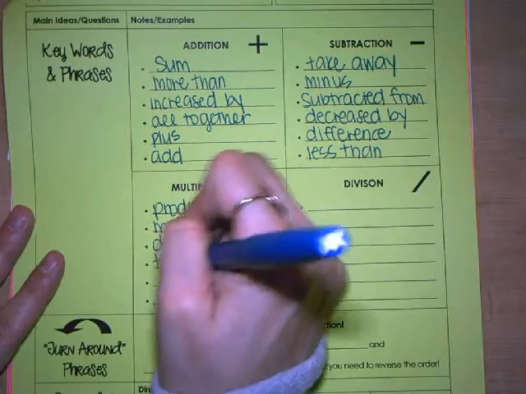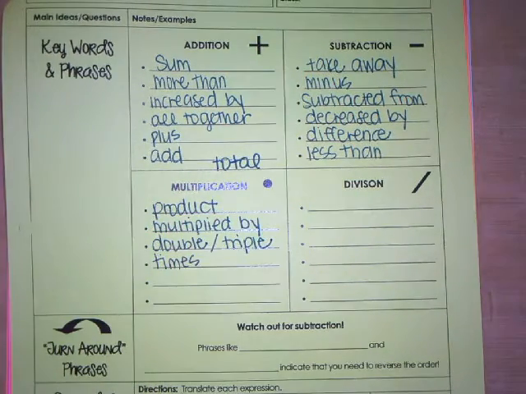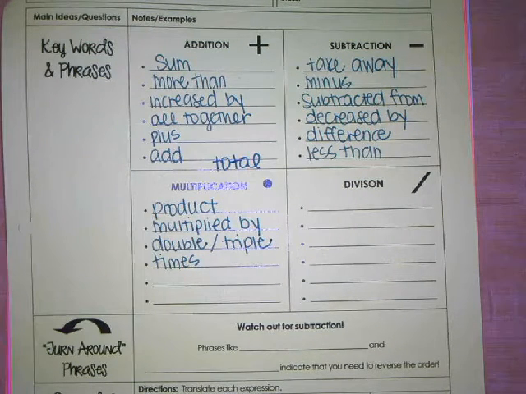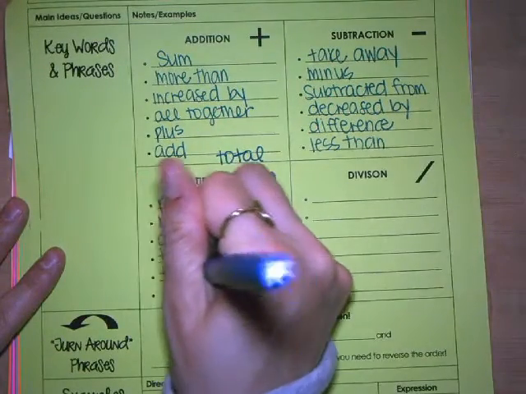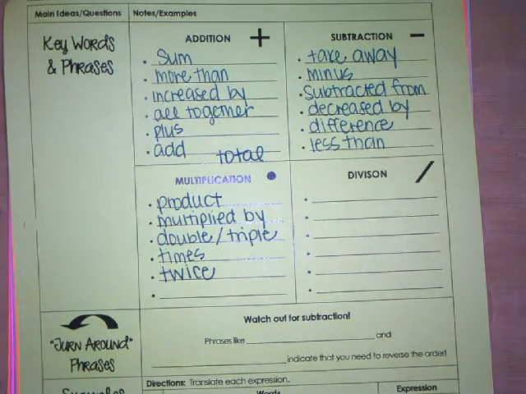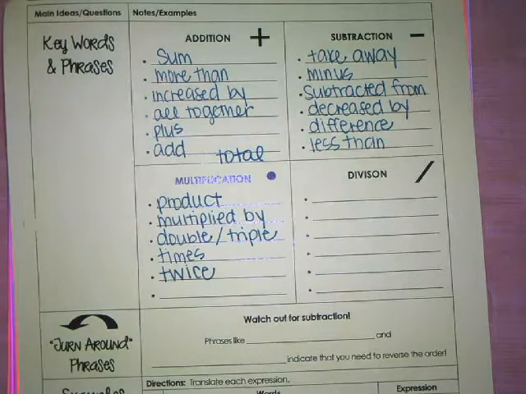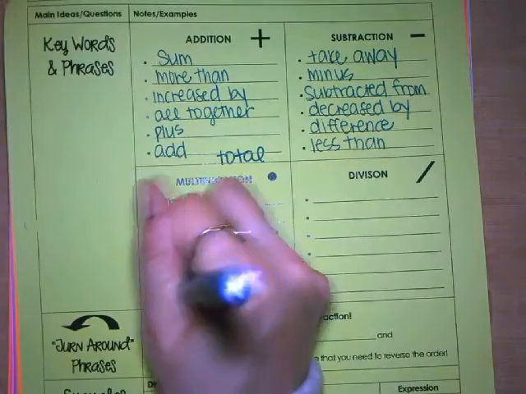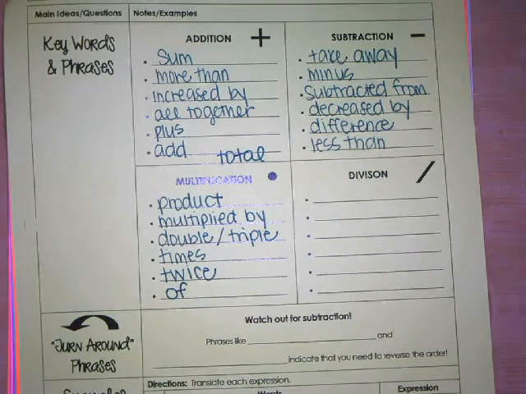I'm just going to write times. Yes, twice. Yes, but we're not going to write that one down. But yes. Brayden? The power of. Okay, so not power of, but the word of is multiplication. So when we see that word, it means to multiply.